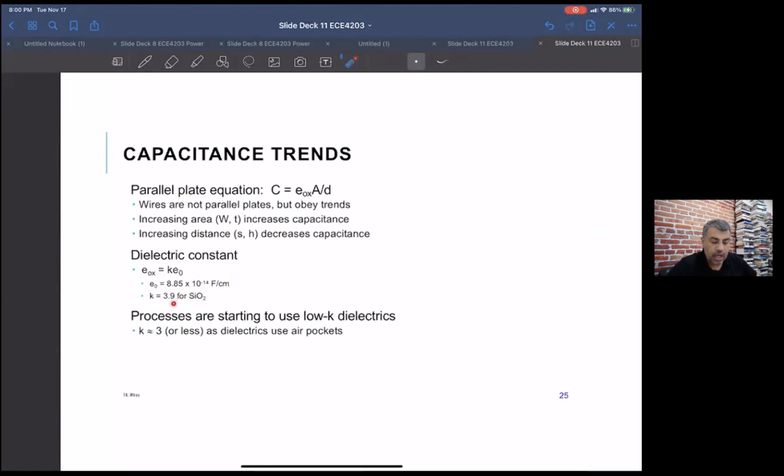For silicon dioxide it is 3.9, but they use materials with lower K values to reduce the capacitance. And this is an ongoing thing. I still see a lot of silicon dioxide, but people are reaching at every little nook and cranny for finding a little bit of an advantage here and there.